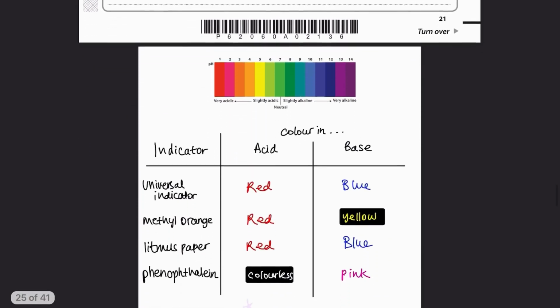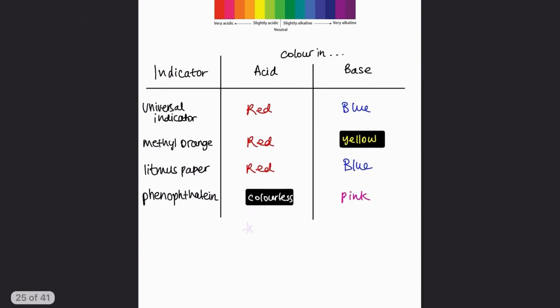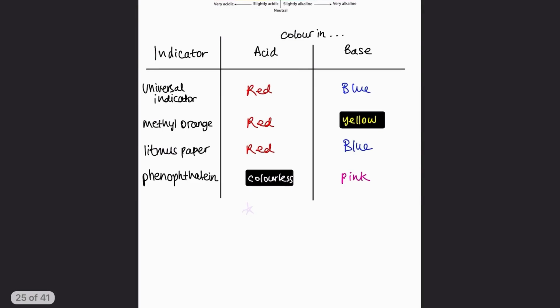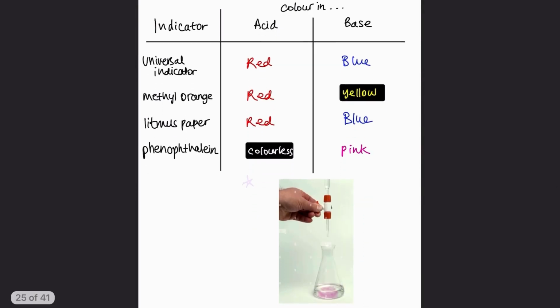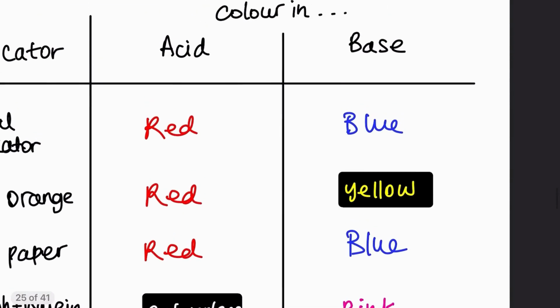And I've also, just for your revision purposes, put all the indicators that you have to know at IGCSE, including their colors in acid and base, here for you, just so that you can have it all in one place to help you revise more comprehensively. And I've also shown you, over here, this is an example of phenolphthalein where, do you see, guys? You see how originally it was colorless, which tells you that this liquid was originally an acid.